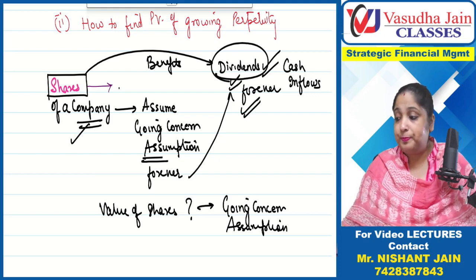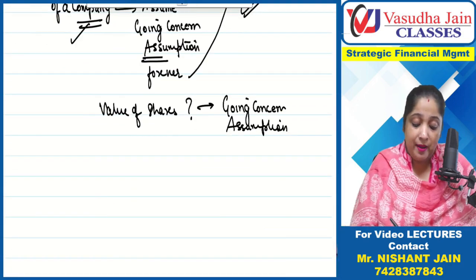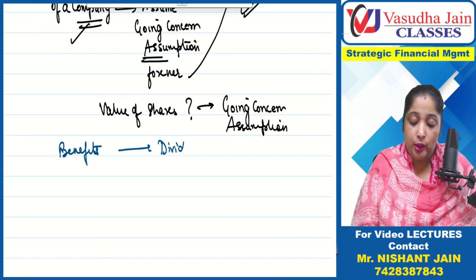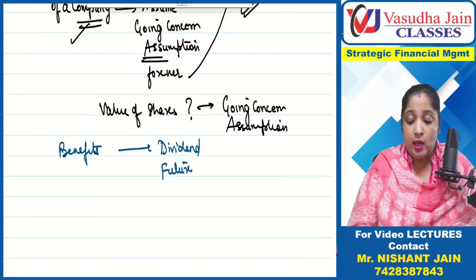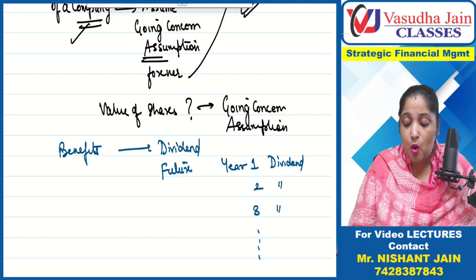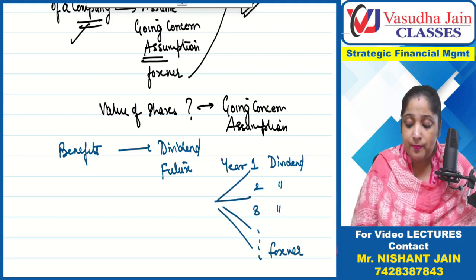Now these dividends are going to come in future. See, in year 1 you will get dividend, in year 2 also, in year 3 also. This will go on forever. Now how will you value these dividends?